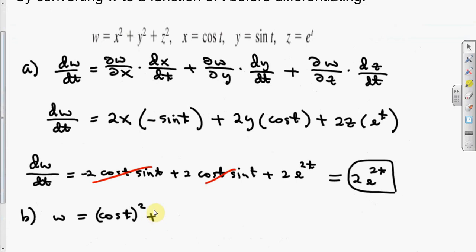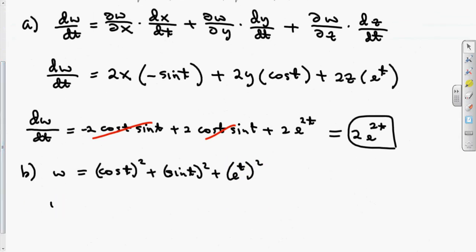Plus y squared, that's sine t squared, plus z squared, that's e to the t, all squared. So w is equal to, can I just say 1 plus e to the 2t?